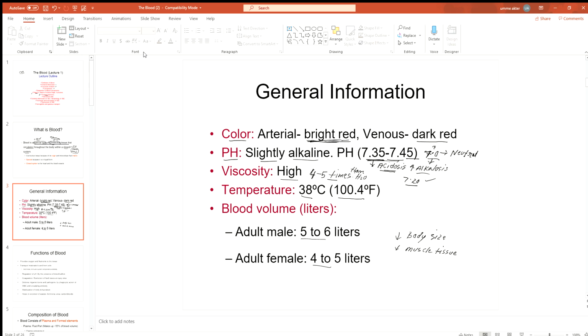So remember, muscle tissue has more blood than the fat tissue, and because of these two reasons, the volume of total blood is less in the female body.